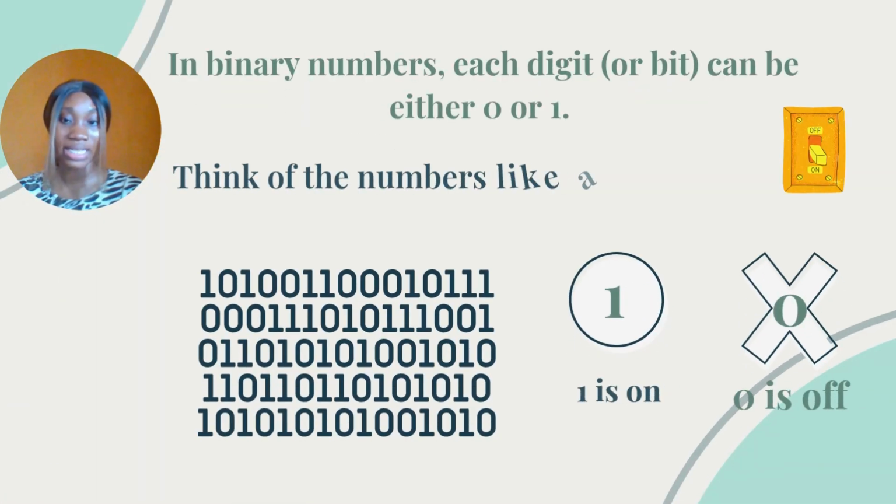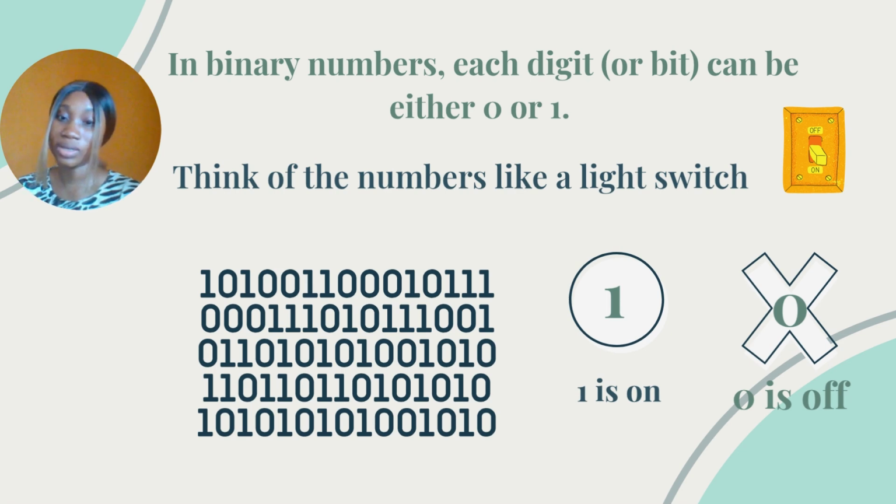So far we've looked at the decimal number system and we've compared it to the binary number system. And we've seen that there are some differences, like the binary number system just makes use of two digits, which are 0 and 1. Now the 0 and 1, there's nothing complex about it. All you're going to be seeing is a bunch of zeros and a bunch of ones, different combinations.